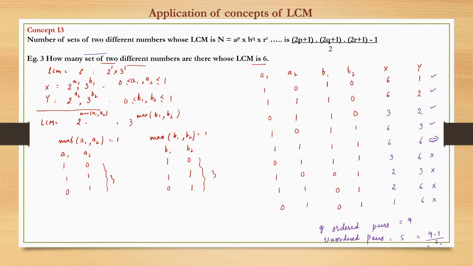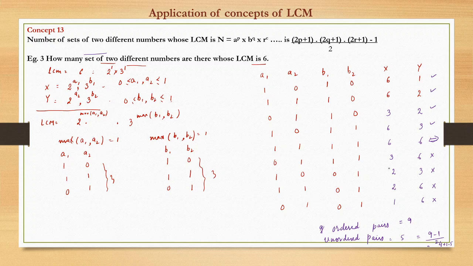So here we will get 4 cases and plus 1 we will add this. So total we get 5 cases. Okay, so this way we can get the answer. So 5 pairs we can get. So that we could have got directly here.